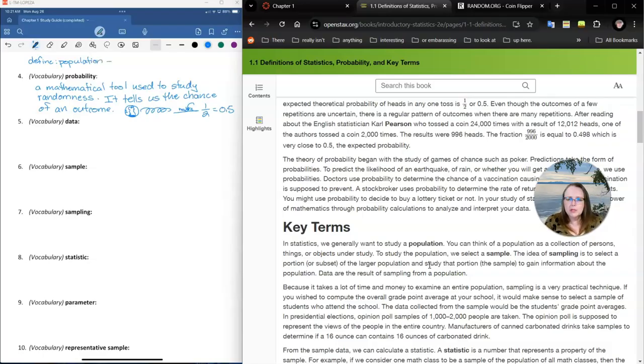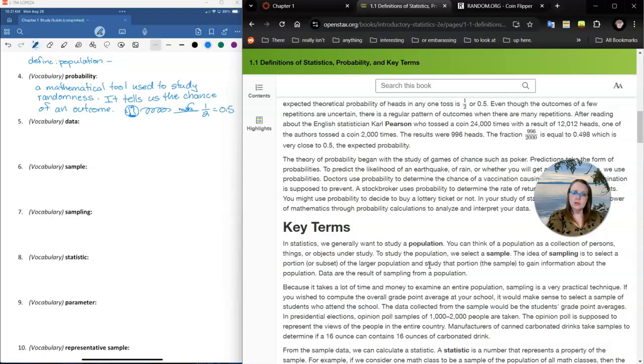And population is the group or collection of things that we want to know something about. So if I am looking at coin flips, I want to know about the population of coin flips. If I want to know about who's going to vote for whom in an election, I want to know about the population of the United States.